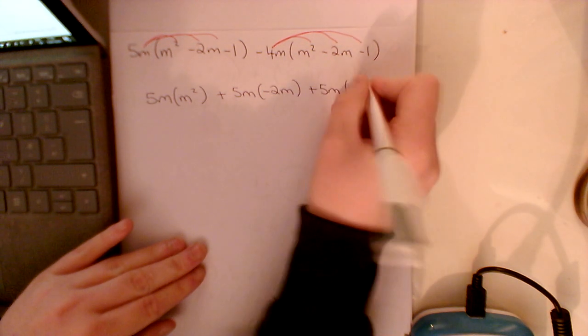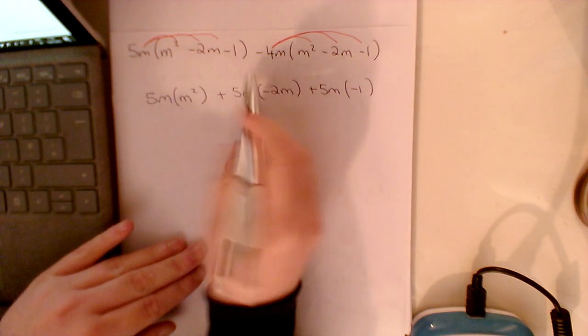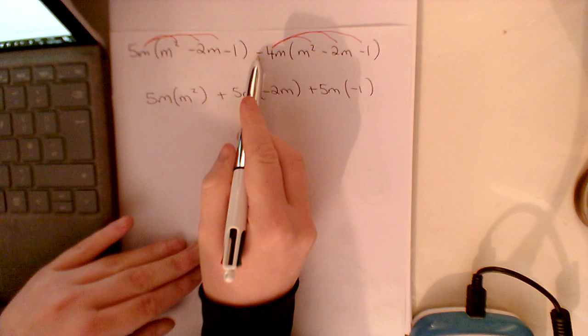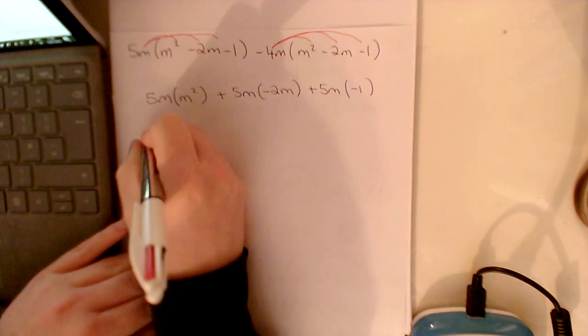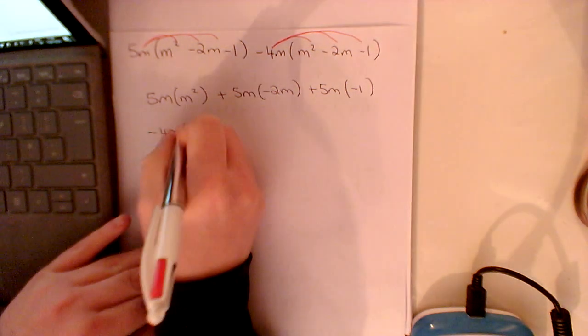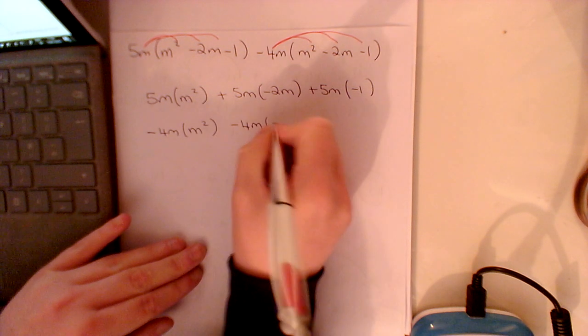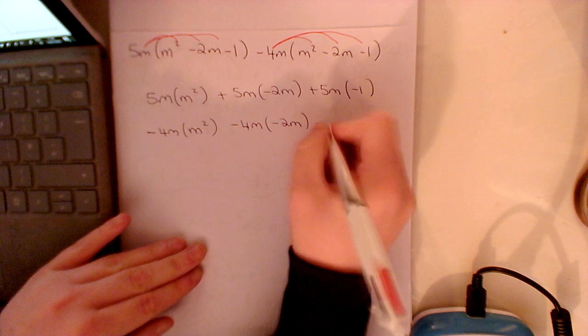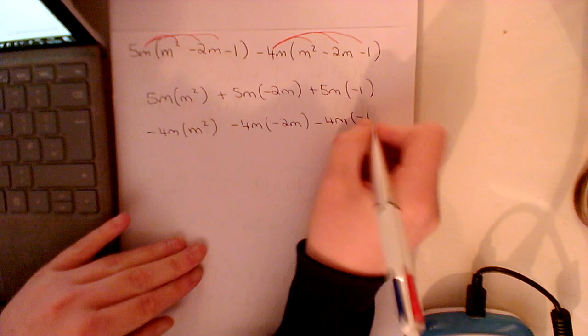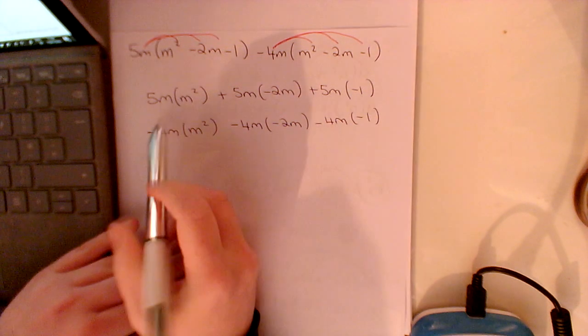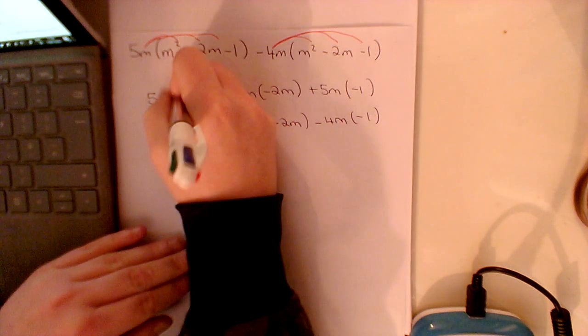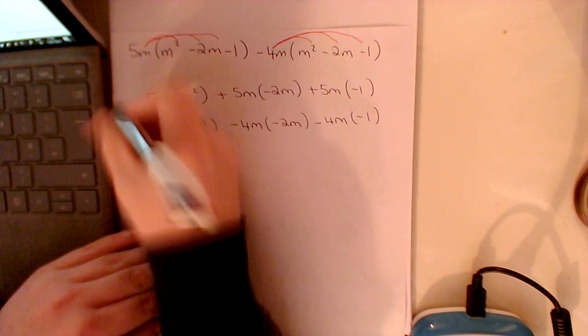And now I'm going to rewrite this one. So because my minus is here, it's going to be minus 4m across. So it's minus 4m(m²) minus 4m(−2m) minus 4m(−1). Okay, so imaginary 1 in front of this here, and I'm going to multiply all of this out now.